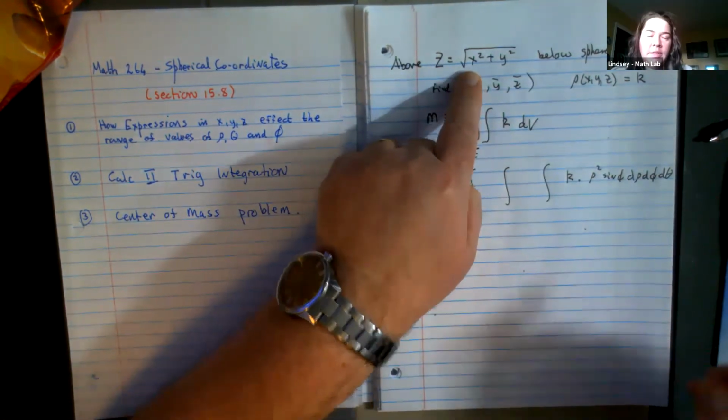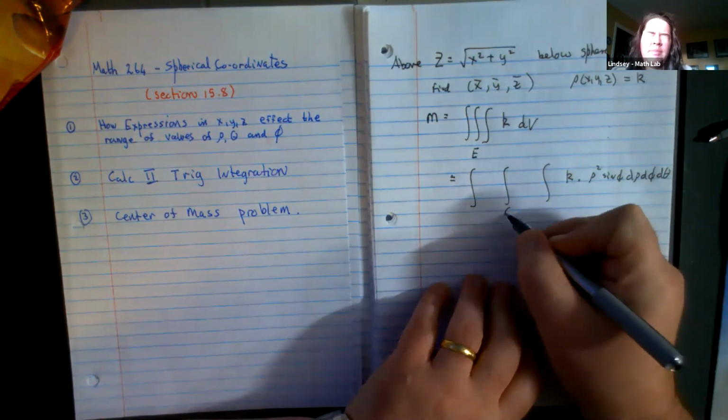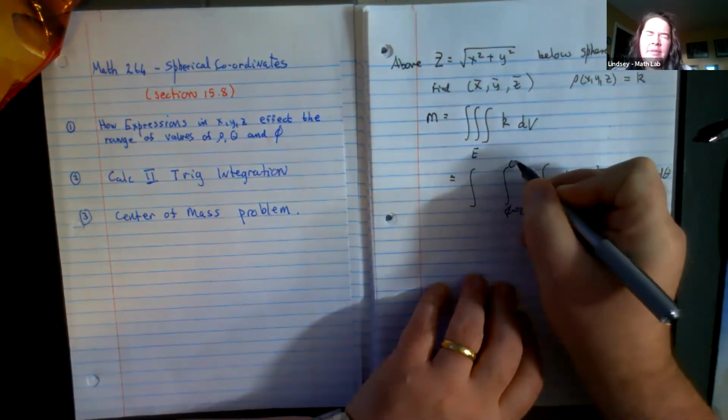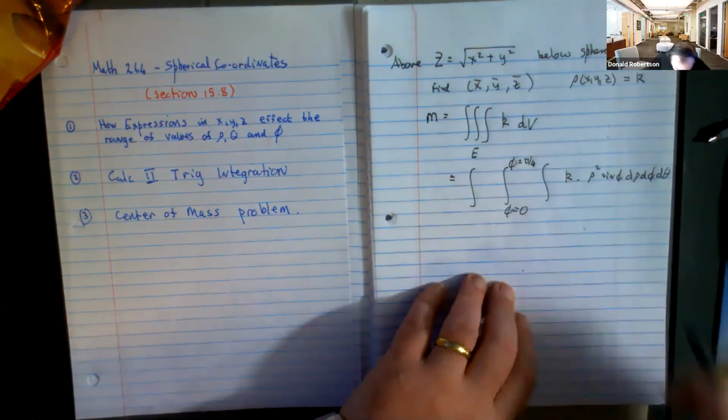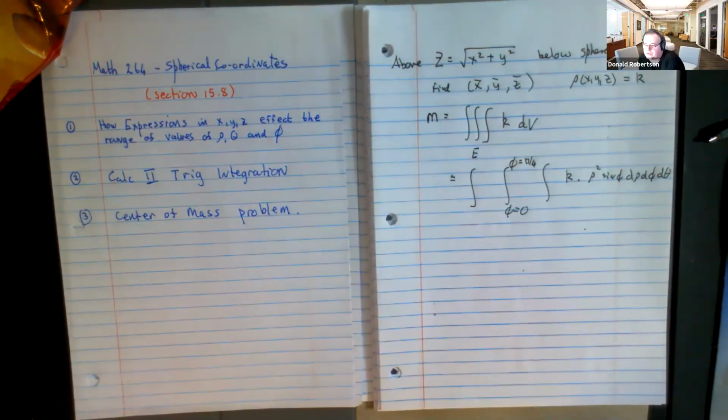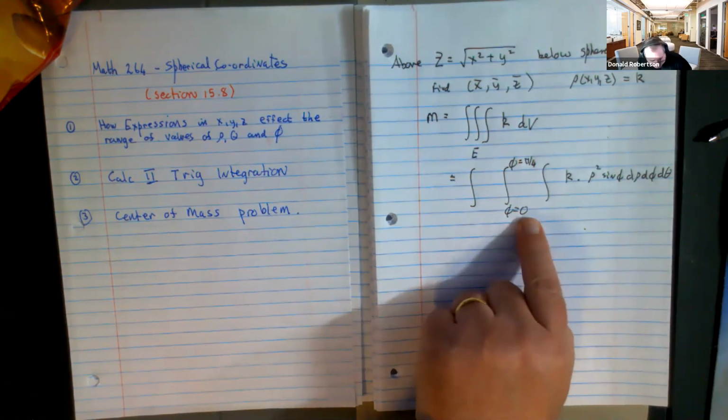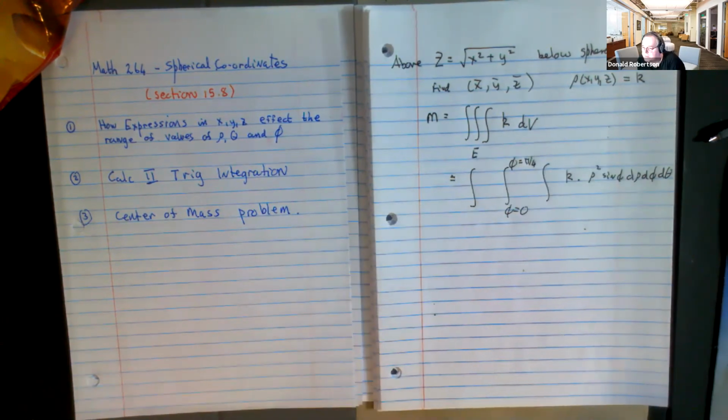Phi: 0 less than or equal to phi less than or equal to pi over 4. Agreed. So it becomes 0 to pi upon 4 as a restriction, and that's because it said the word above. If it said the word below, wouldn't I go pi upon 4 to pi? That would have been it.